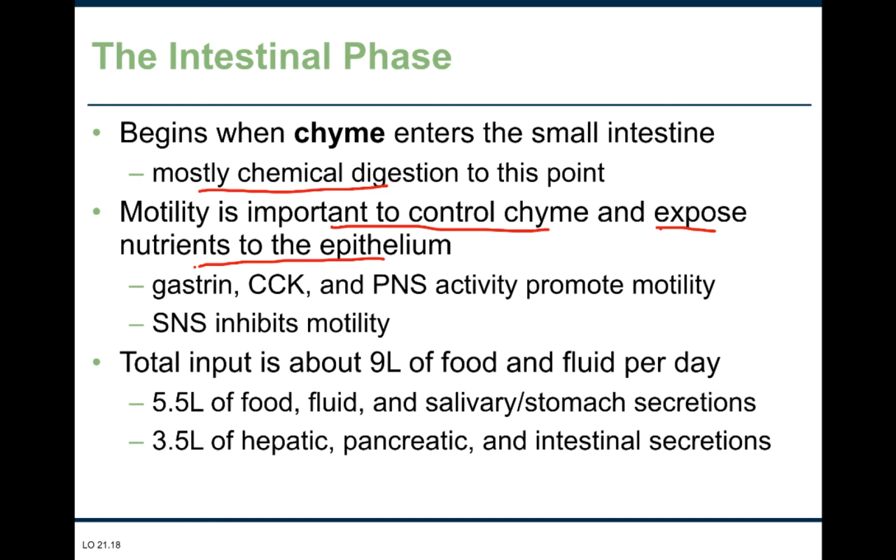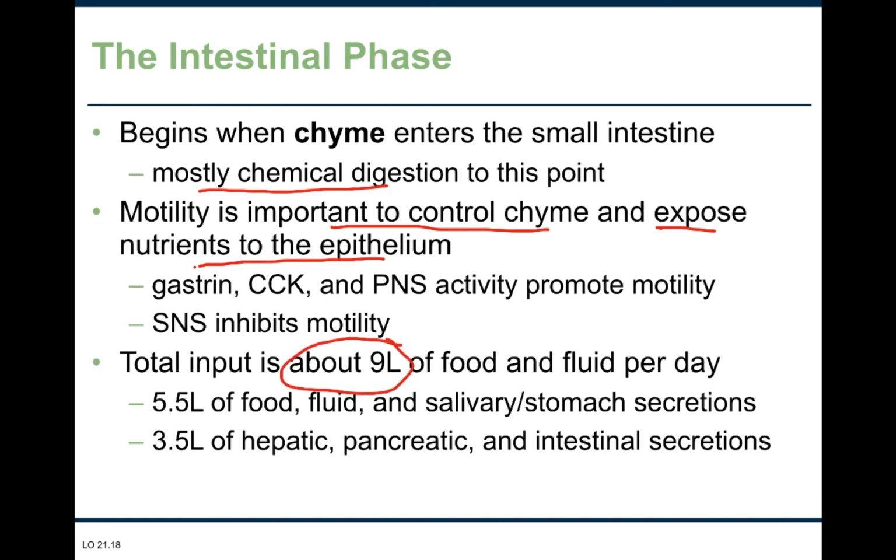Also, just some kind of big picture information here. Between food and fluid that you take in, as well as all these secretions, salivary, so saliva, stomach secretions, secretions by the accessory organs in your small intestine, it all comes out to roughly 9 liters of food and fluid per day.